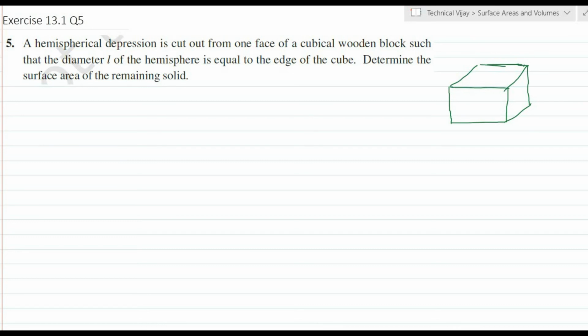One edge of the cube is equal to L, and the diameter of the hemisphere is also the same. A hemisphere has been cut from this wooden block. Determine the surface area of the remaining solid.